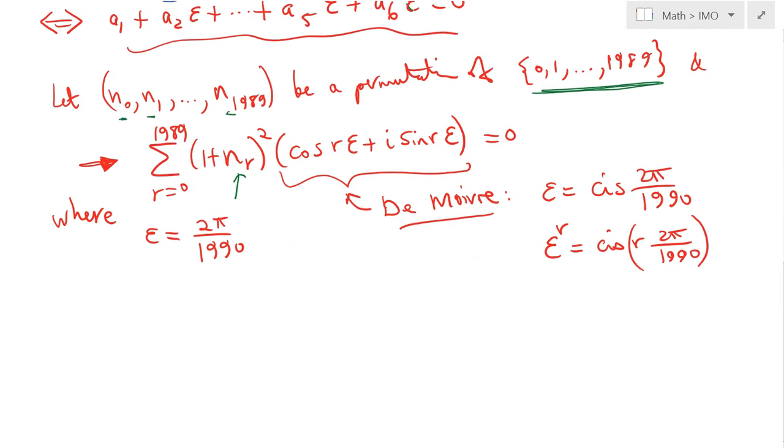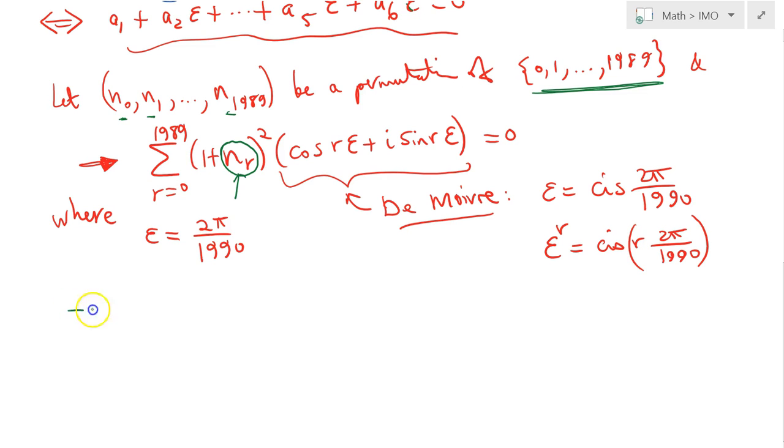So that's it. All that we are left with now is to find a procedure to figure out how to come up with these numbers in clockwise order, or counterclockwise order, I should say.